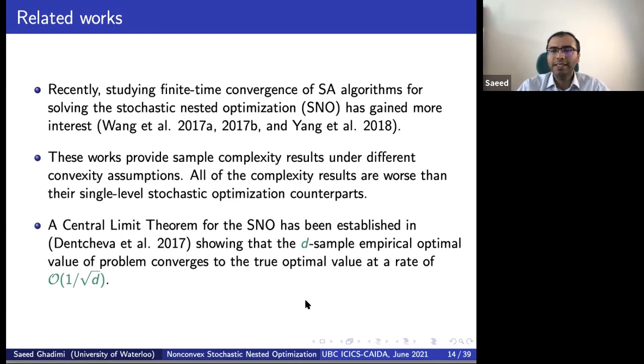And we know that this is the same for the single-level problems. So no matter how many functions you have as a composition or in the nested structure, people have shown that you can establish the central limit theorem with the same convergence rate. So this motivates us to look for algorithms that can recover the convergence rate that we have for the single-level problem, even if we have a nested structure.